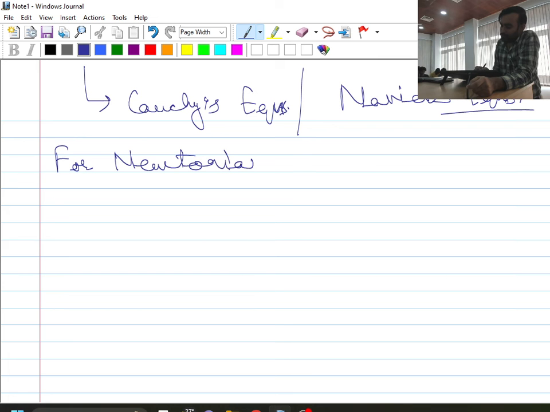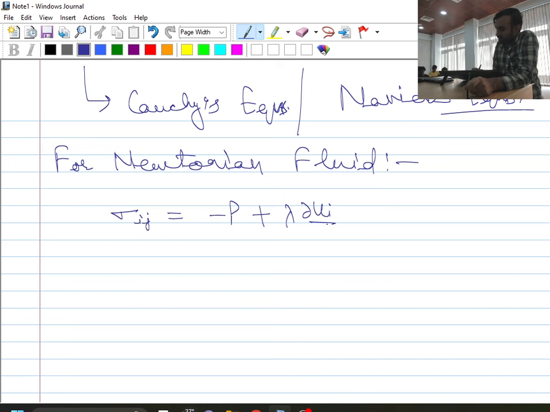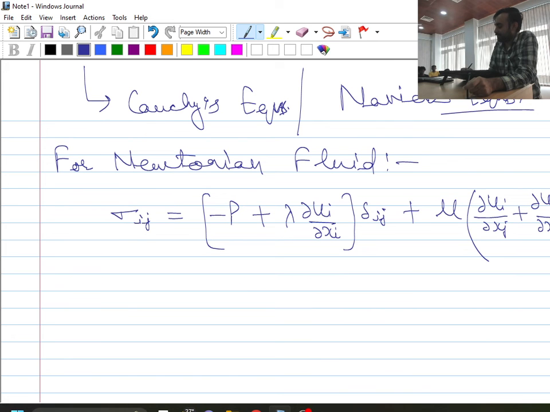So for a Newtonian fluid, I can say that sigma ij is equal to minus p plus lambda times del ui by del xi into delta ij plus mu times del ui by del xj plus del uj by del xi.